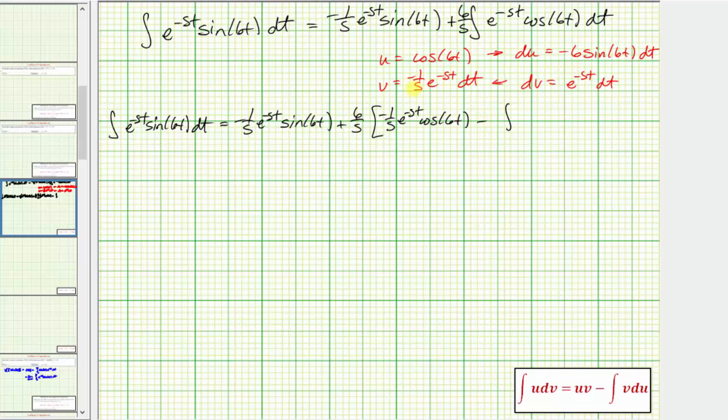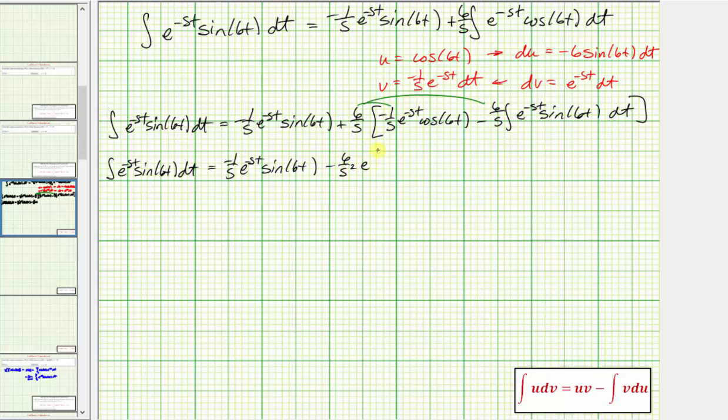Let's write v times du as 6 divided by s times the integral of e to the negative st sine 6t dt. Now for the next step, we'll distribute 6 divided by s here as well as here. So we'll have minus 6 divided by s squared e to the negative st cosine 6t. And then we'll have minus 36 divided by s squared times the integral of e to the negative st sine 6t.